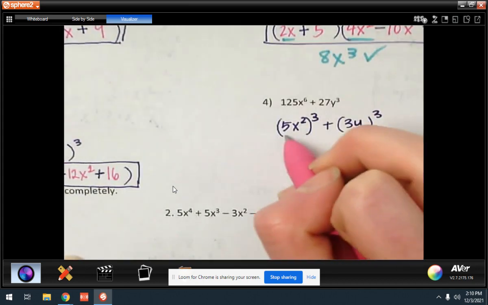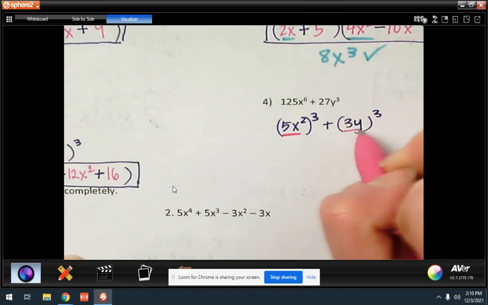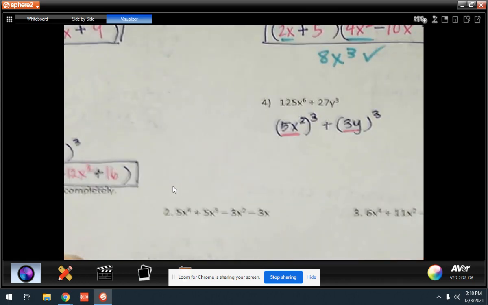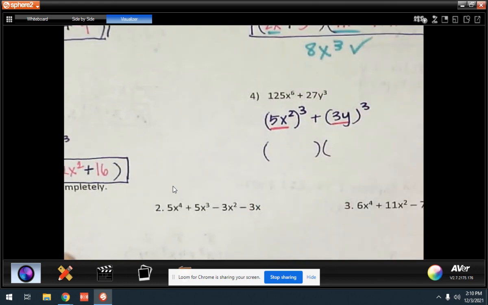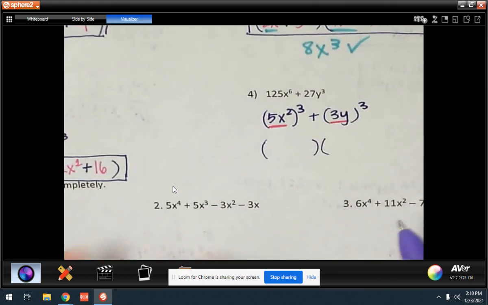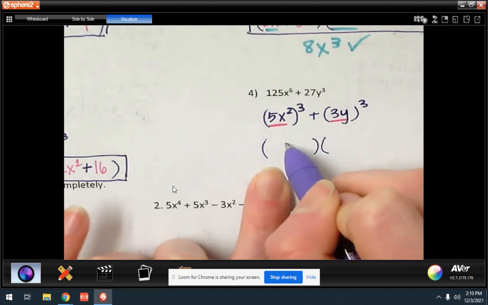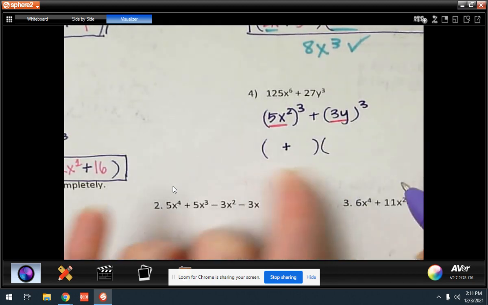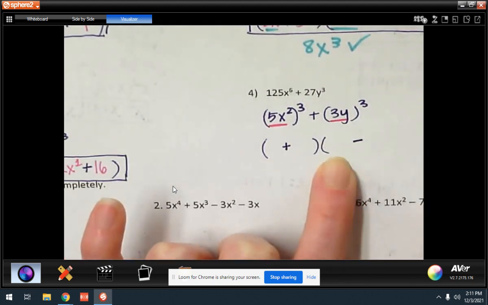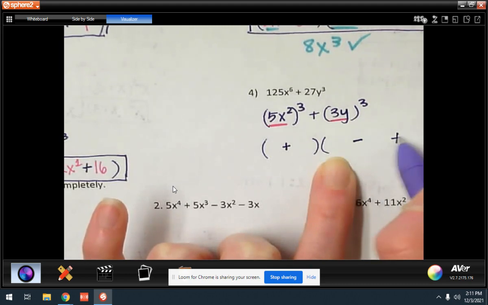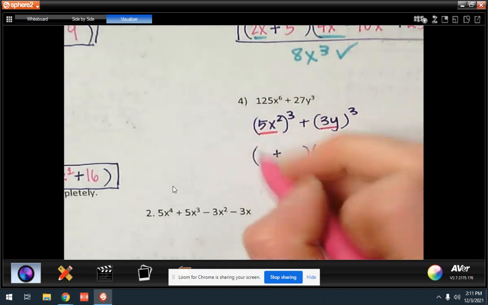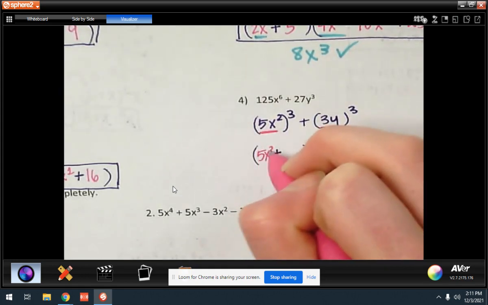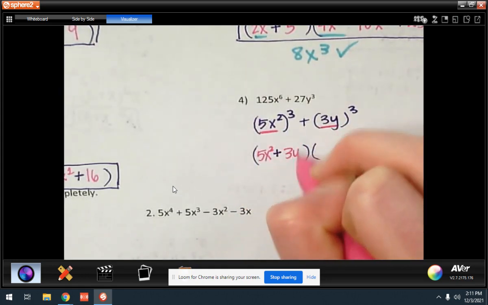So that 5x squared is our a value. That 3y is our b value. Small parentheses, big parentheses, same, opposite, always positive, and now we ignore all signs. Put the 5x squared here, the 3y here.